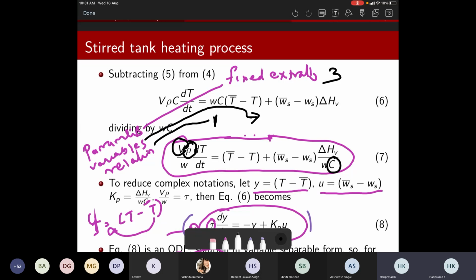How many variables do you have in the overall process? Can someone say? 4. Agree. So what is the degree of freedom?